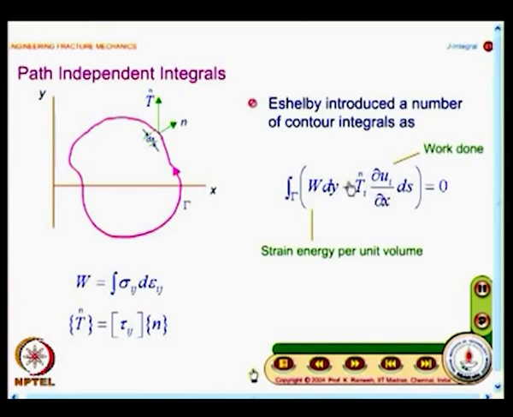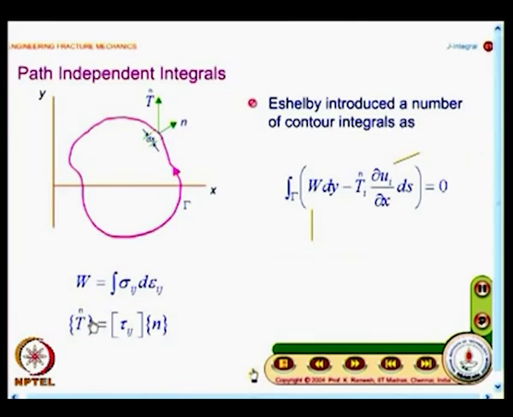If you go and find out what T_n is, you get that from Cauchy's formula: T_n equals tau_ij multiplied by the direction cosine vector n. So, for a 2 dimensional situation, you will have 2 terms for each of T_1 n and T_2 n.